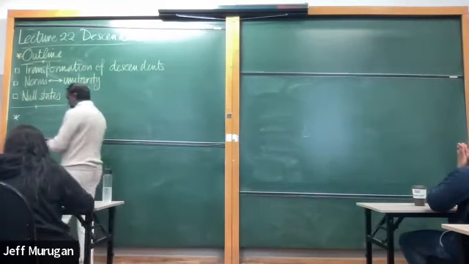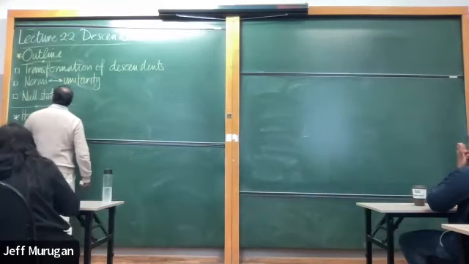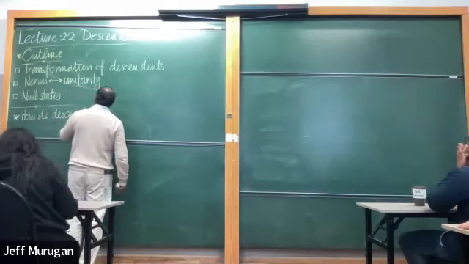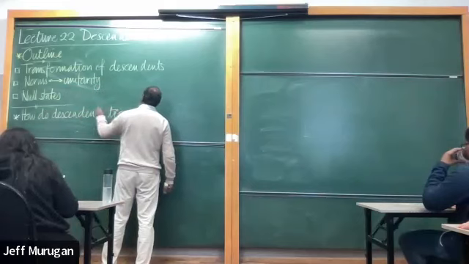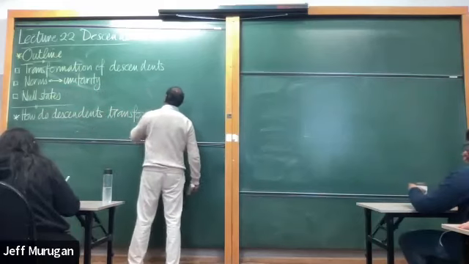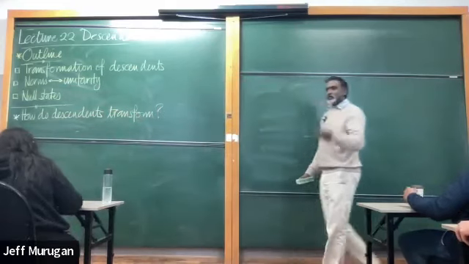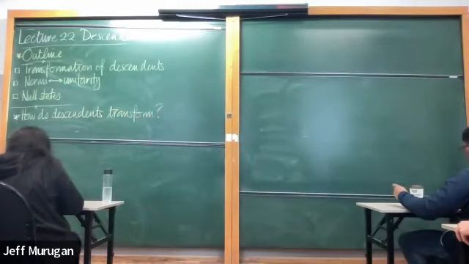Okay. So we worked out last time the transformation properties of primary operators. Let's see how descendants transform. So the question today is, how do descendants transform? Just by way of recollection, given some primary field phi, the descendant operator associated to this field is the field that I get by acting on phi with P mu.